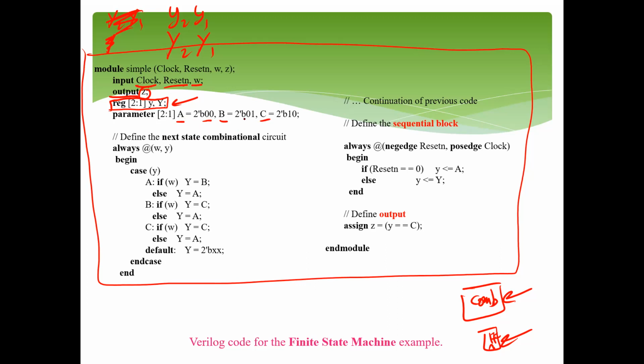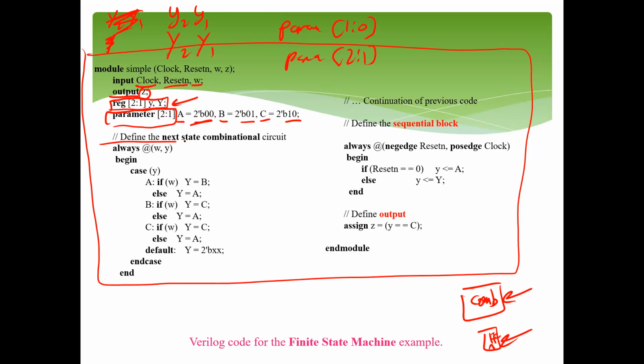So A will be 0, 0, B will be 0, 1, and C will be 1, 0. I don't think that declaring the parameter 2 to 1 or 1 to 0 will make a difference here. Anyways, it has to be 2-bit, because you're assigning 2 bits for each state.